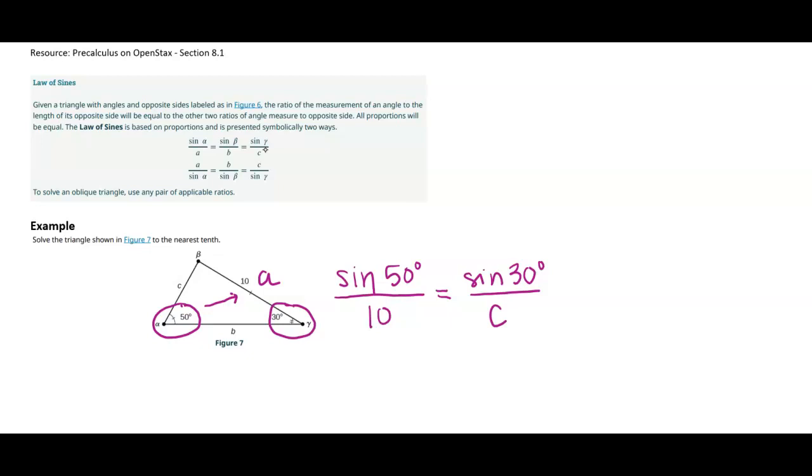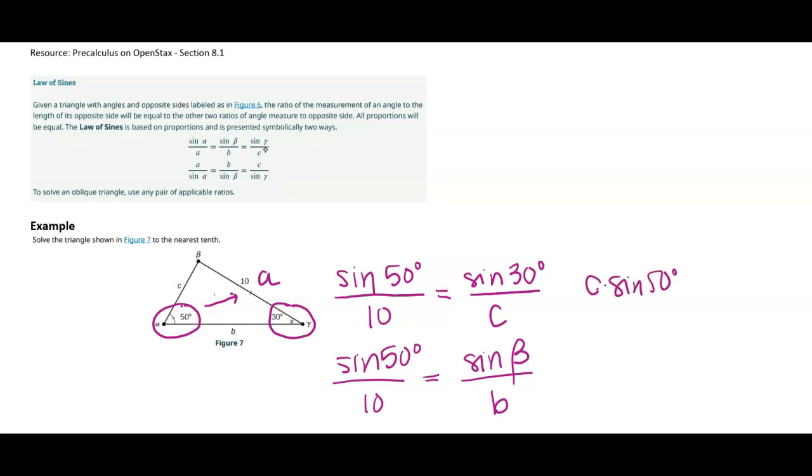While it would be true that the sine of 50 degrees over 10 is also proportional to the sine of angle beta over B, here I have two unknowns, so there's no way for me to solve this. All right, we're going to cross multiply and then divide by the sine of 50 degrees.